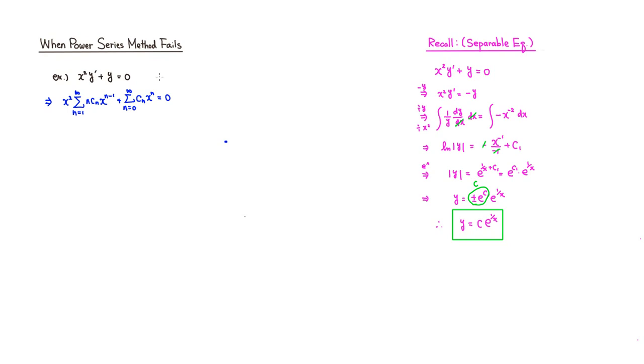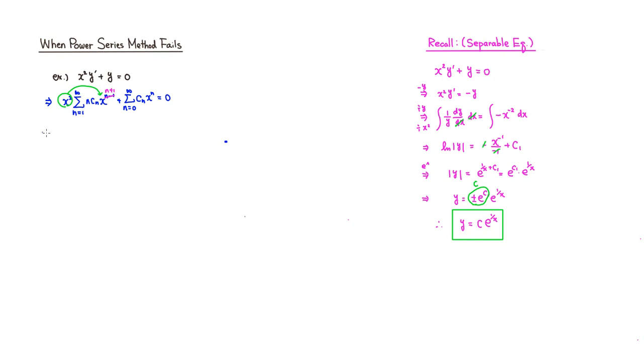I'm going to put the x squared inside and combine it with the x to the n minus 1, so it becomes x to the n plus 1. We want x to the n instead of x to the n plus 1.